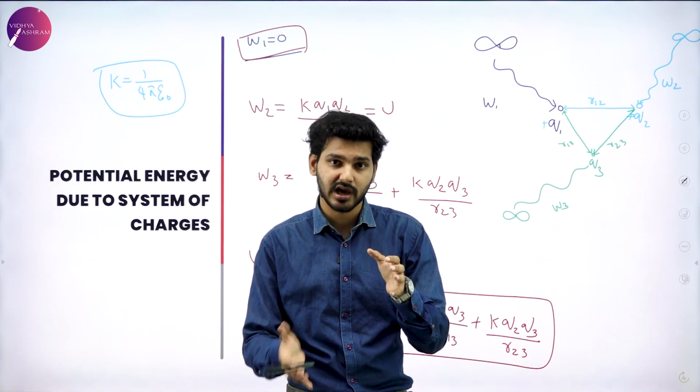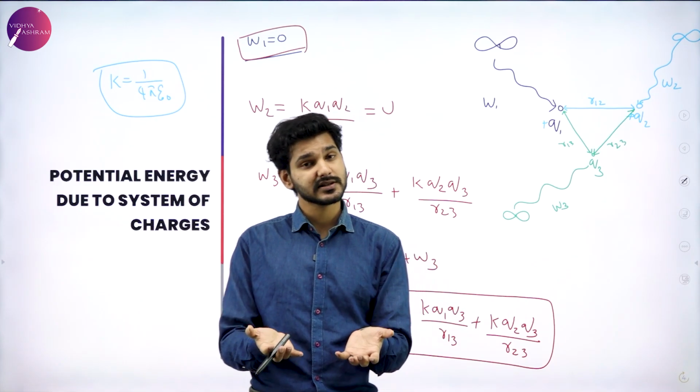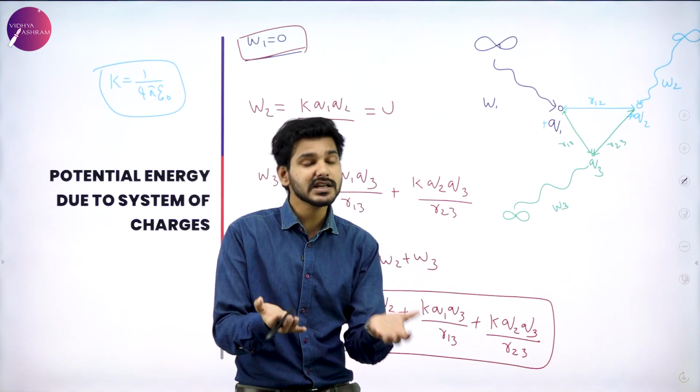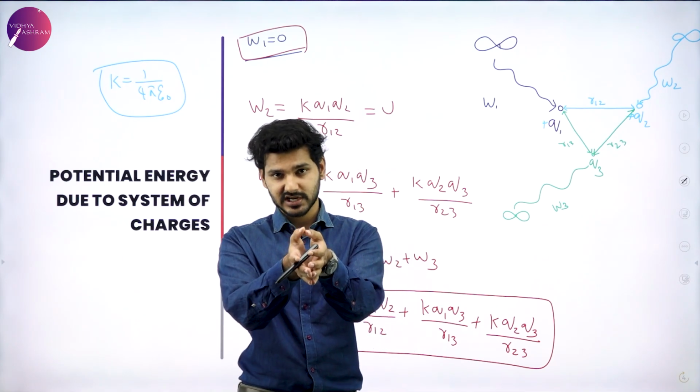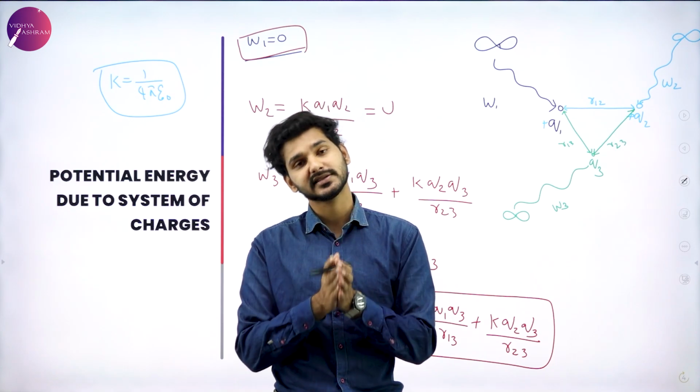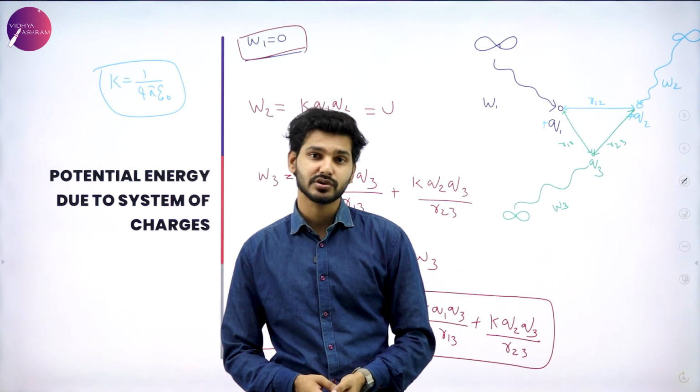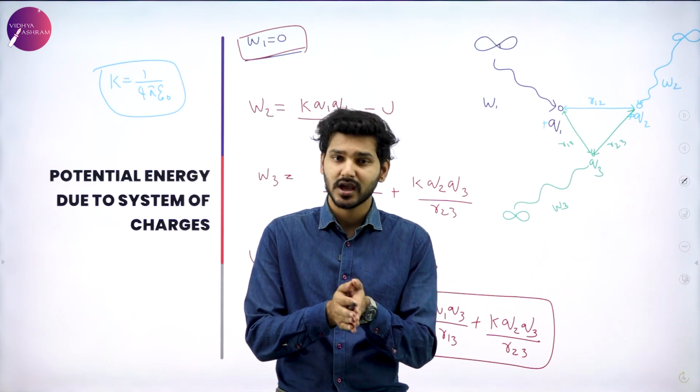Three charges are right now here, which means all the work done in bringing the individual charges to assemble a system is stored as the potential energy of that system. I hope you have understood what was discussed today.